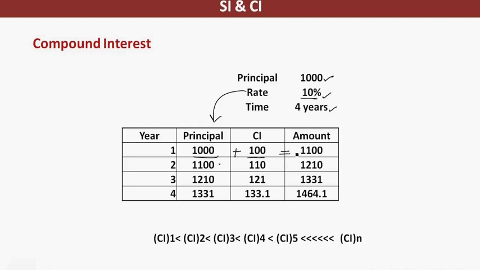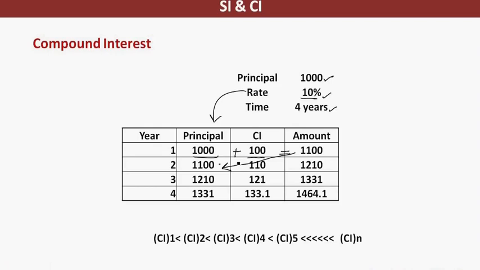In the second year, I would not take 1,000 as the principal. Whatever is the amount in my account, whatever is the outstanding amount, will be treated as principal for the second year. It's like the output of the first is taken as input for the second. Output of the second will be taken as input of the third.